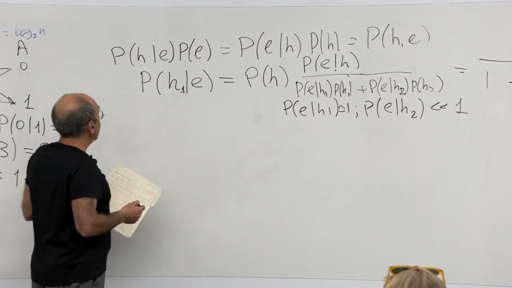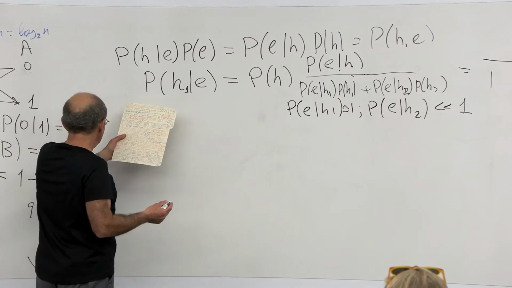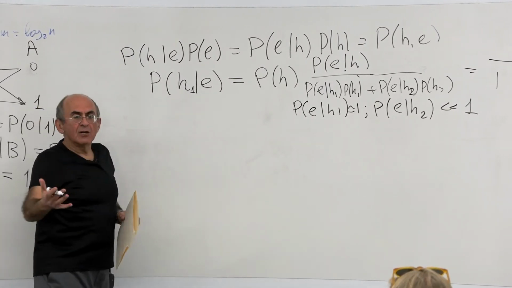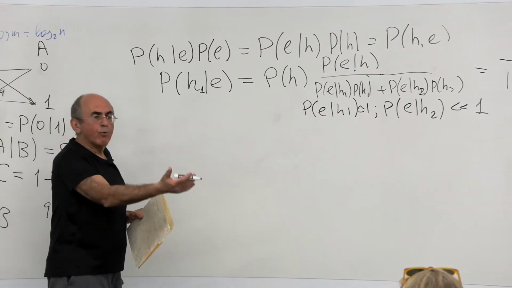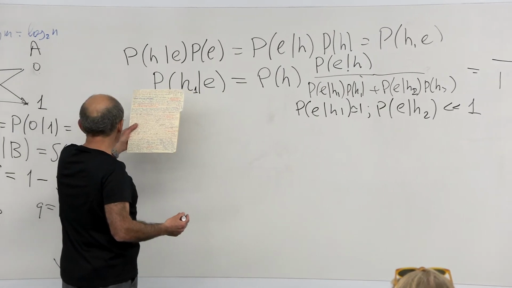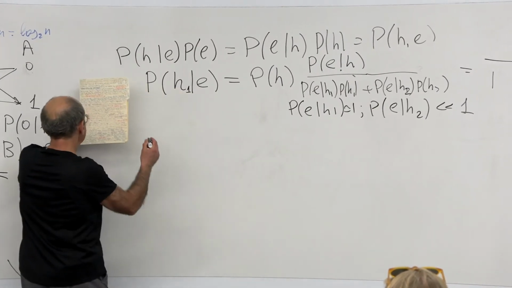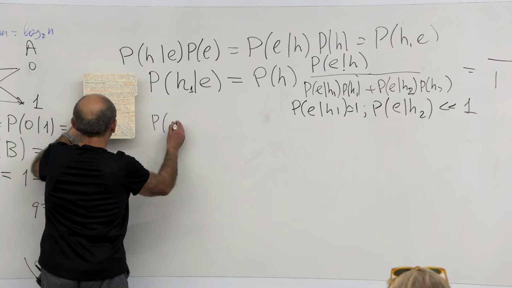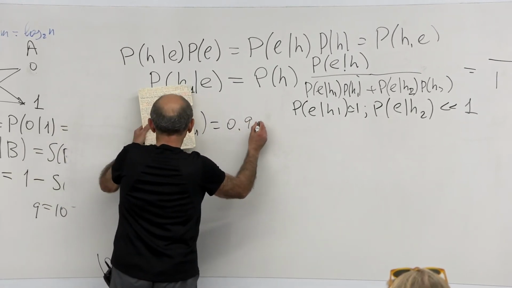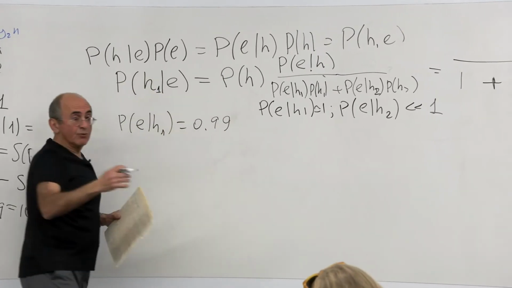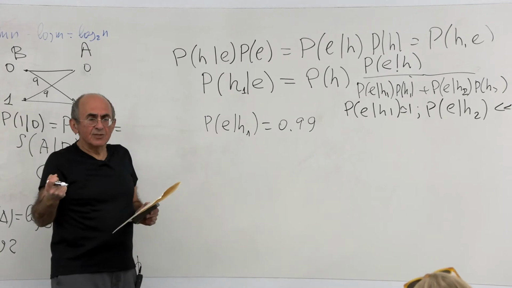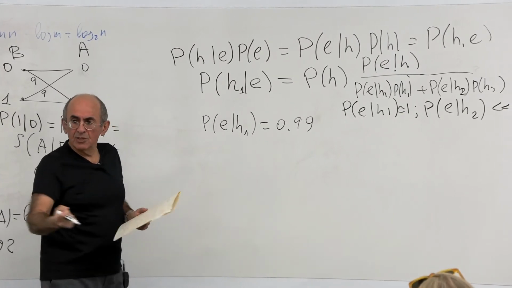So let's say we're doing a test, right? Our hypothesis is that you are a drug user or you are COVID positive or whatever. So consider data where the probability of E under H1 is 0.99, which means if you get a positive result, it's 99% that this is a true result. Okay?